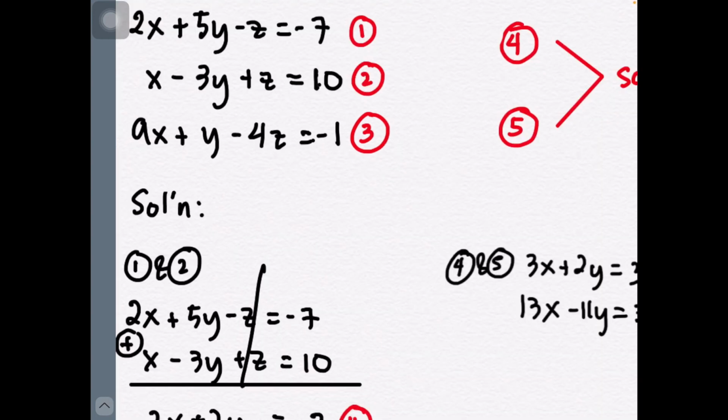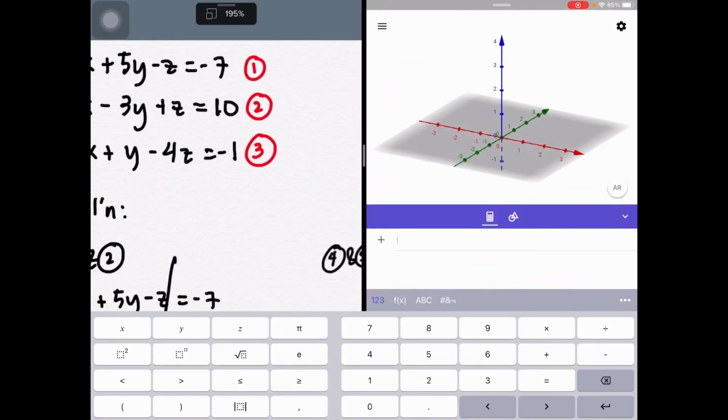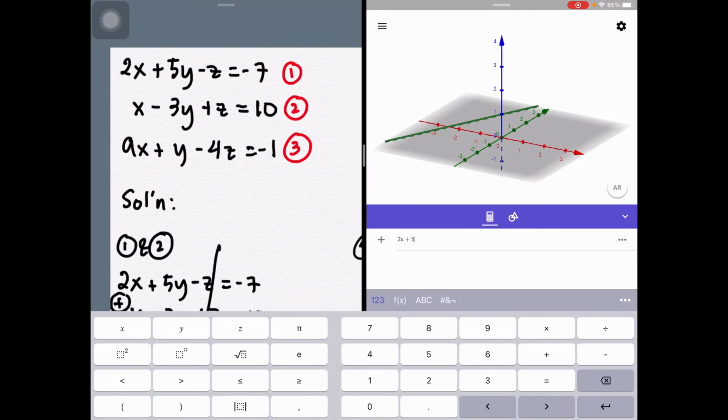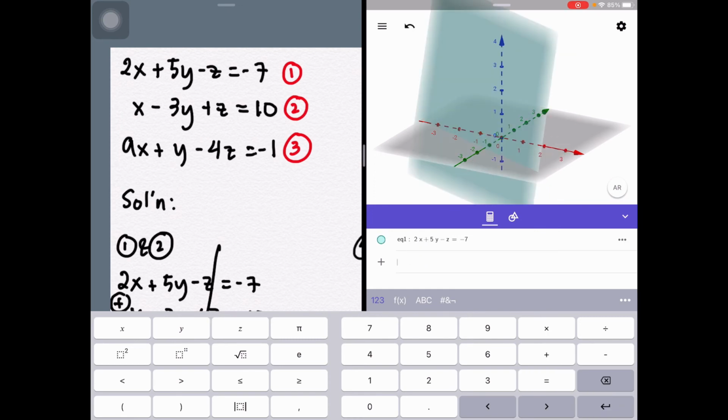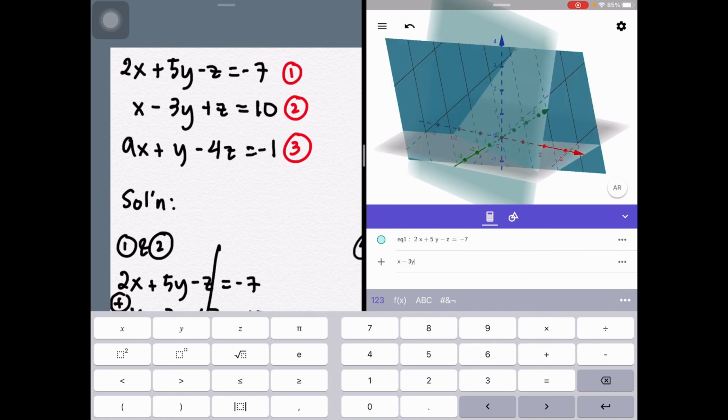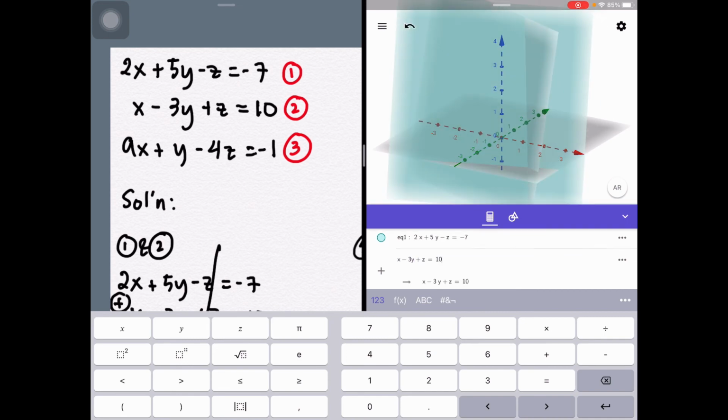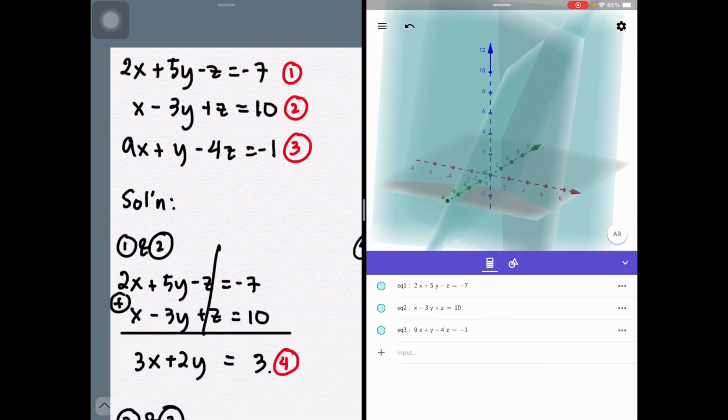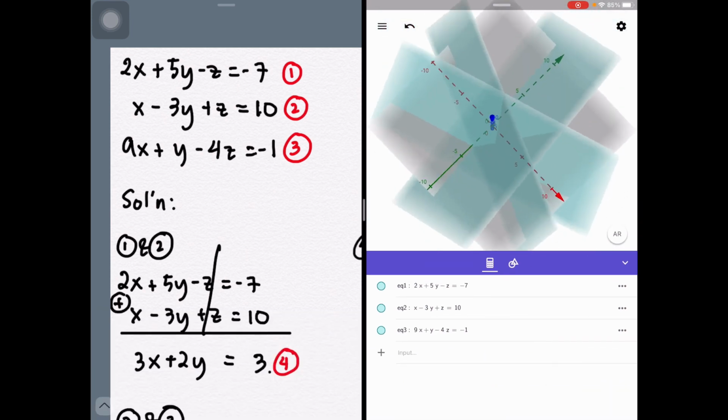This time, let's have the graphical representation of this given problem. Yes, since we're having three variables here, we are actually considering planes.